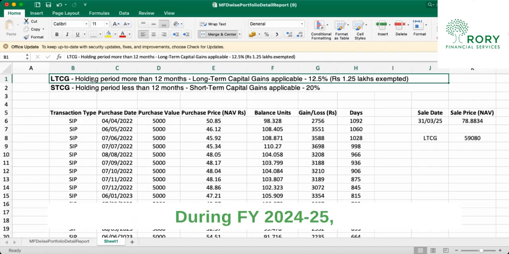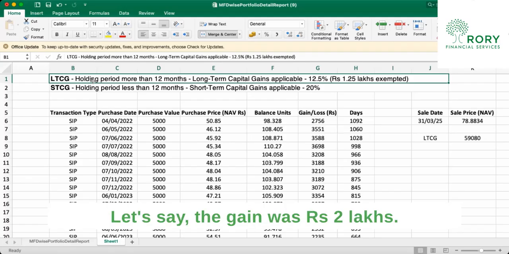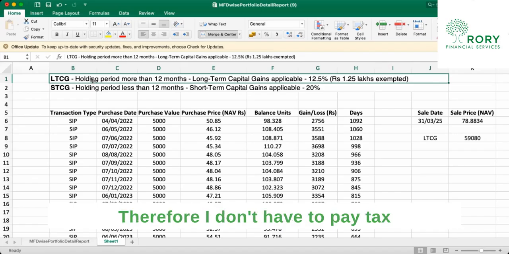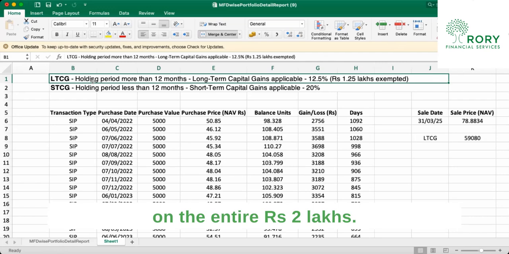During financial year 2024 to 25, if I sold other shares and other equity funds as well, then I have to see what is the gain on all this. Let's say the gain was 2 lakhs. Therefore, I don't have to pay tax on the entire 2 lakhs. I can remove 1.25 lakhs and pay 12.5% on the balance 75,000.